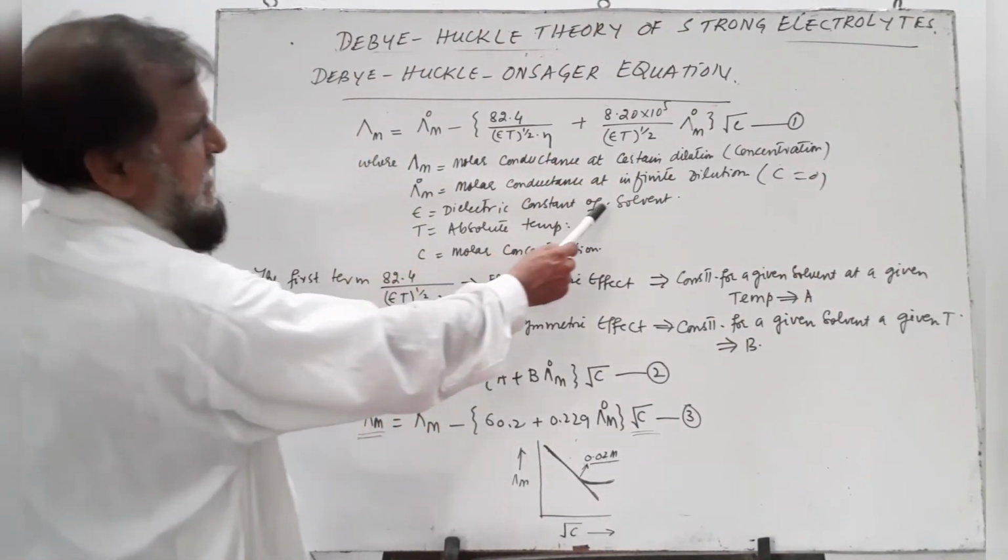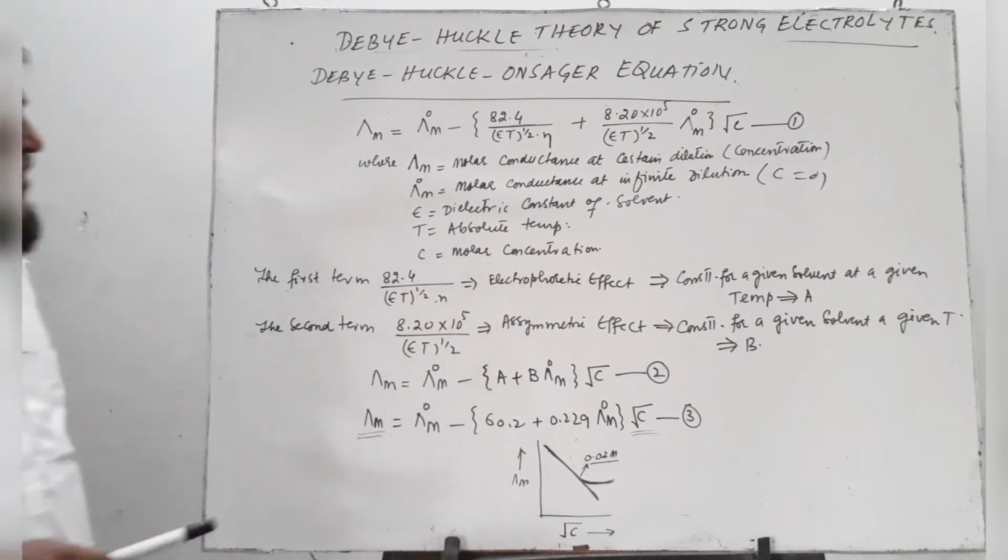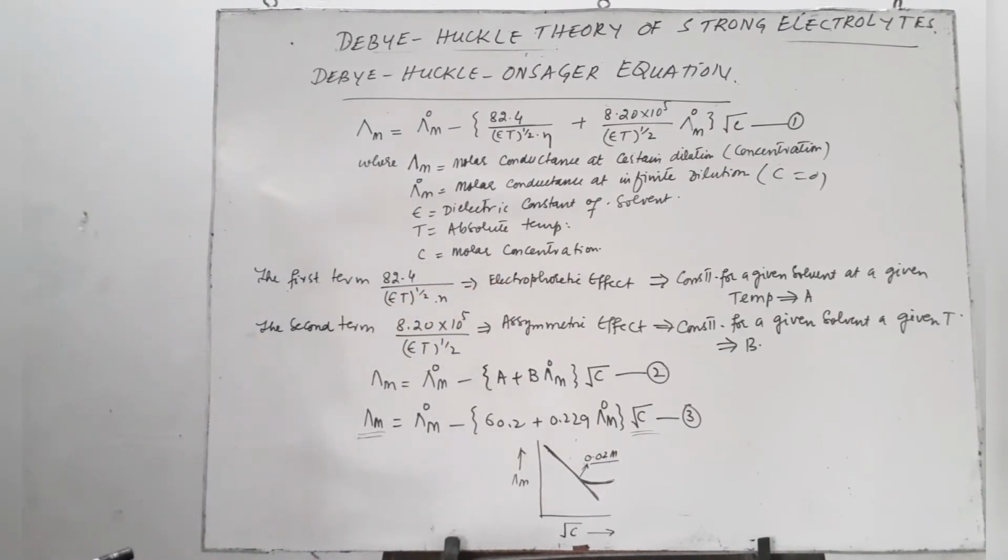Epsilon is the dielectric constant of the solvent, T is the absolute temperature, and C is the molar concentration of the electrolyte, concentration in moles per decimeter cube.